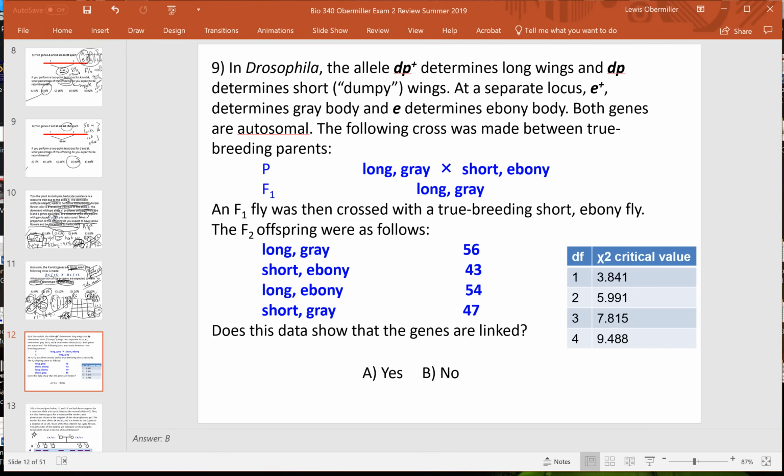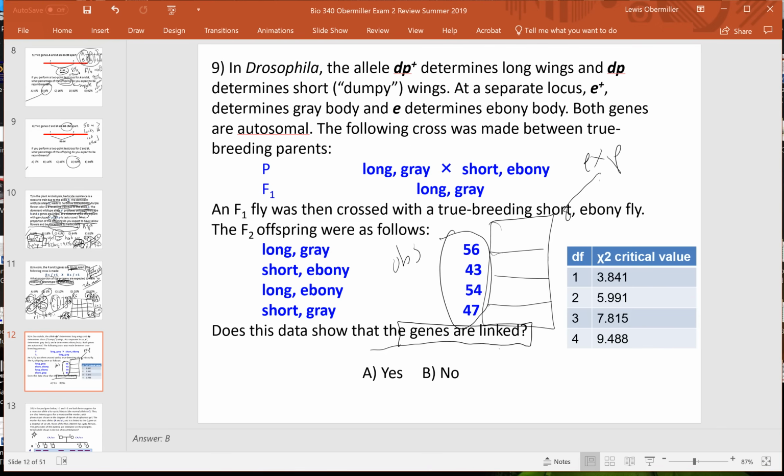Oh boy. Okay, so this is a chi-square. You guys didn't know how to do this before, so basically we have our observed. We need to calculate our expected. If the genes are linked, then we would expect a deviation from the 1:1:1:1 ratio.